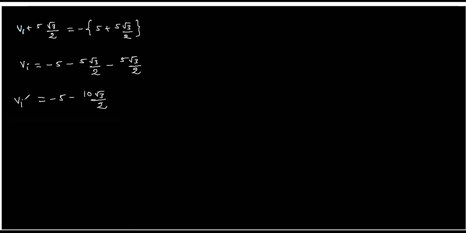This is your Vi. You got the velocity of image. So this 2 and this will get cancelled, and therefore Vi is equal to minus 5. I am taking common from this.